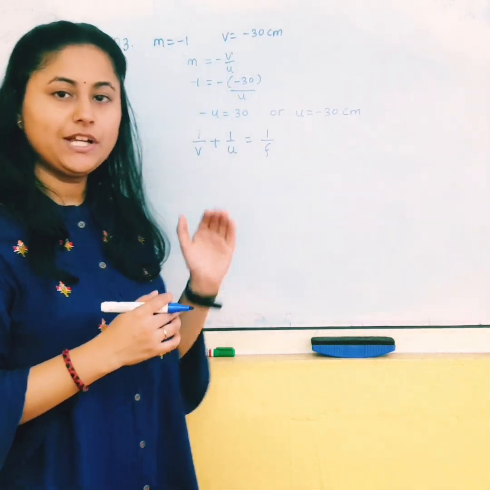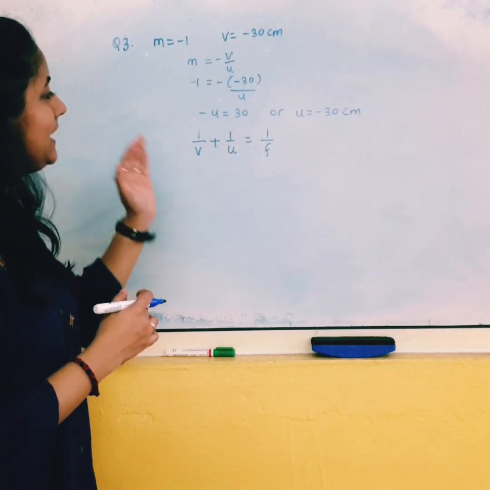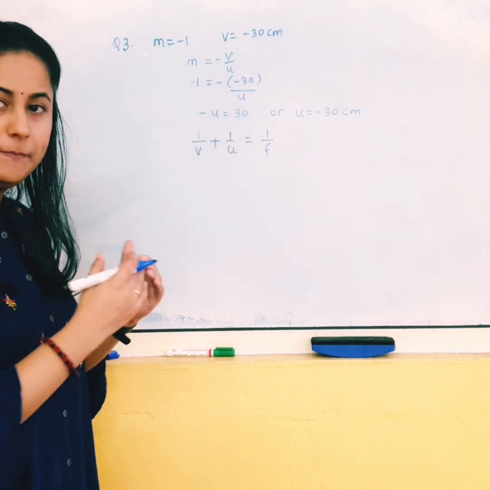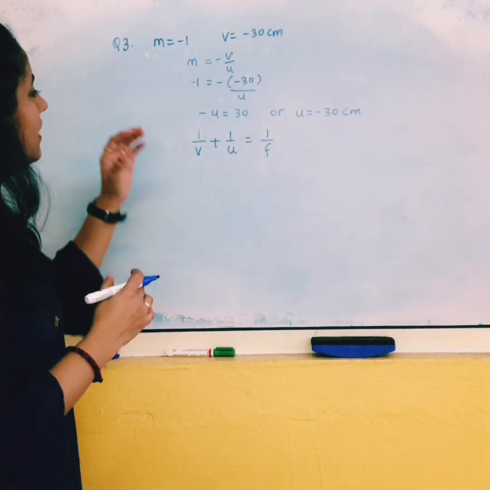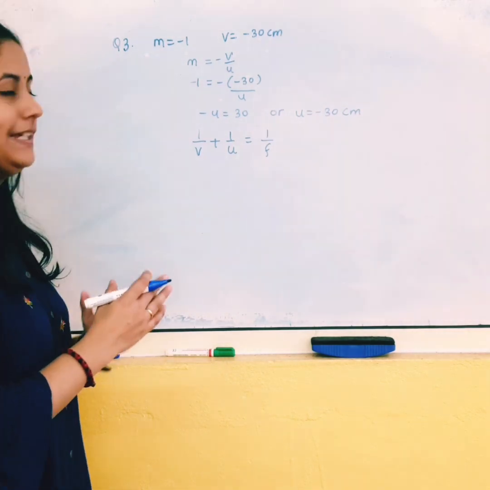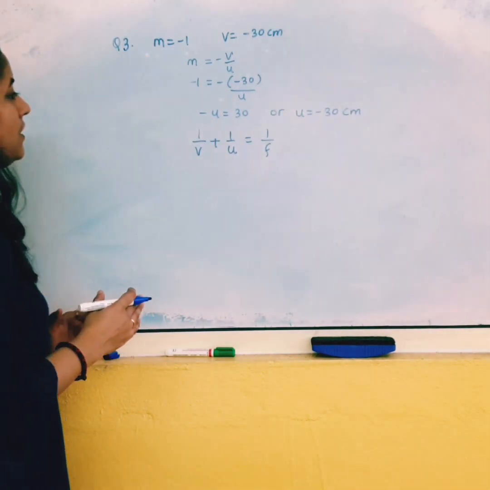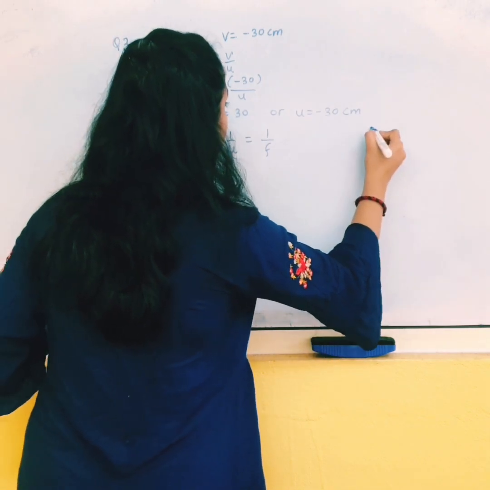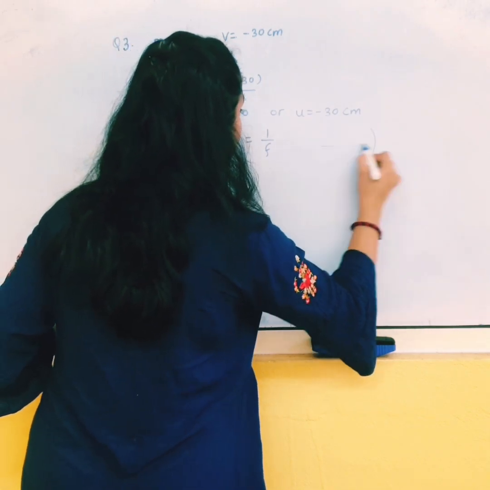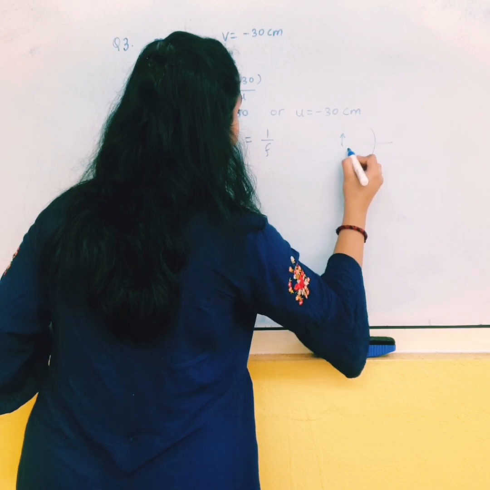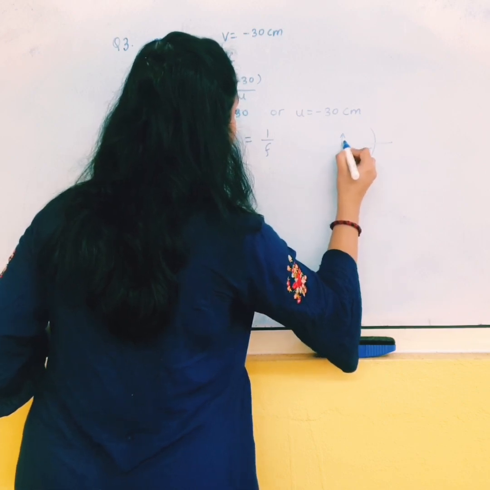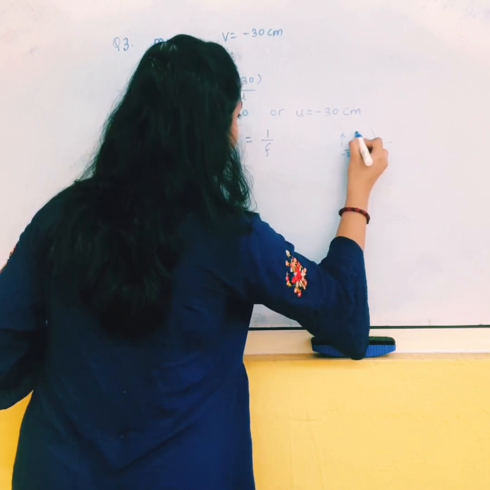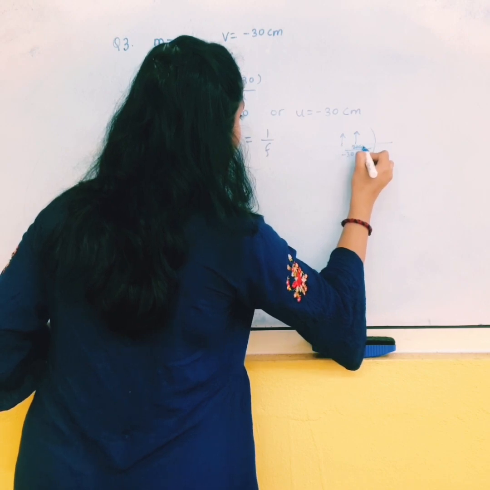Now next you are given that the object is moved 20 centimeter towards the mirror. You are not given the object distance in the next case. So you can find it. That is, see, if suppose this is the mirror, the first distance was -30 centimeter. Now it is moved from here to this place, which is 20 centimeter away from it.